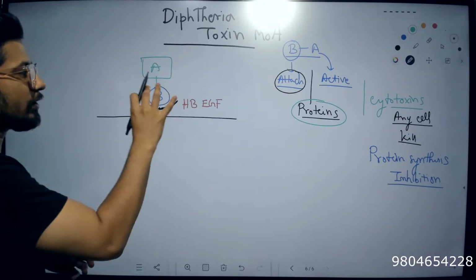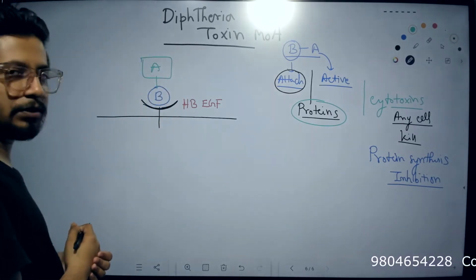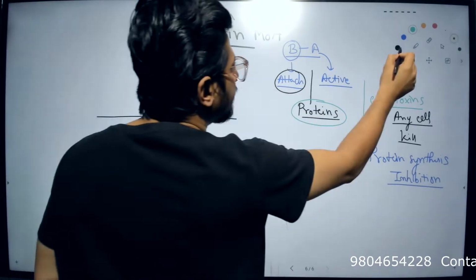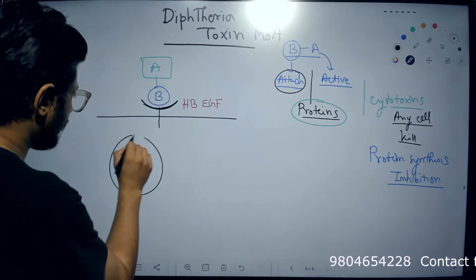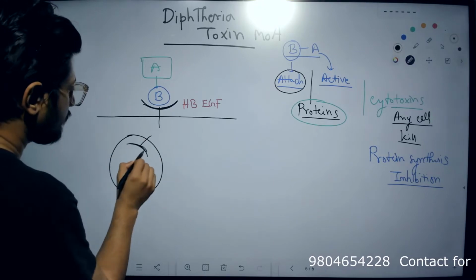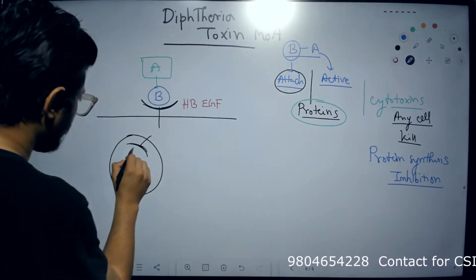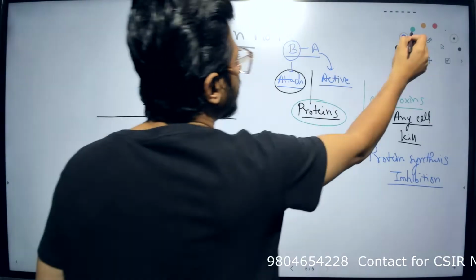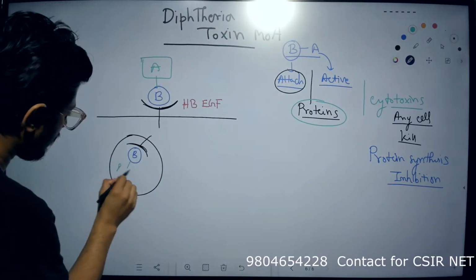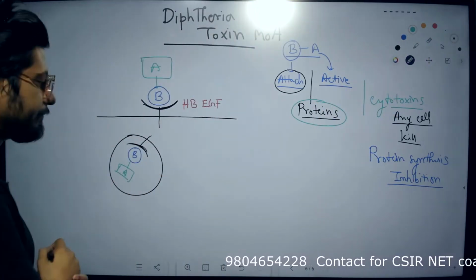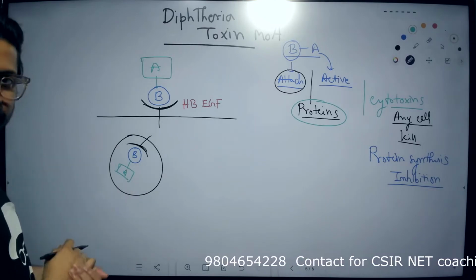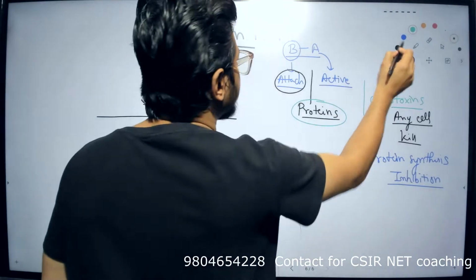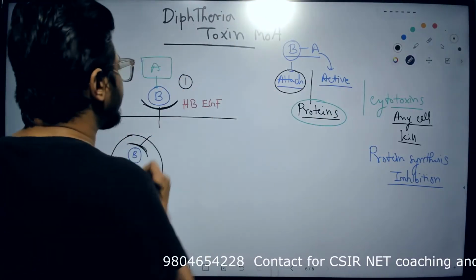So this diphtheria toxin binds to the receptor on the surface of the cell. Then it has internalization. Okay. This will look something like this, B, and of course A, like this. So this is internalization. After the internalization stage, remember, the very first step is the binding.